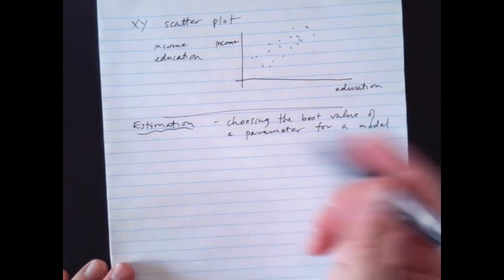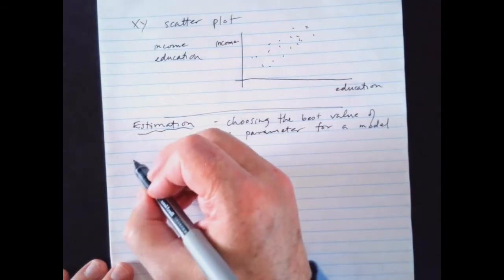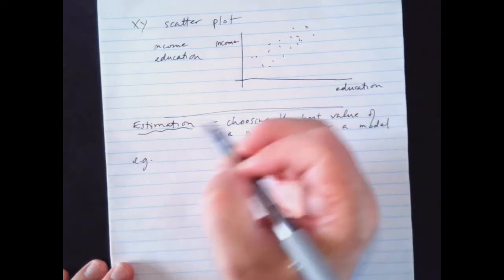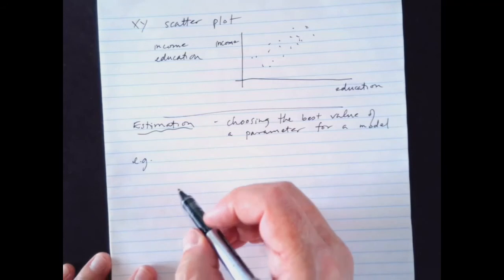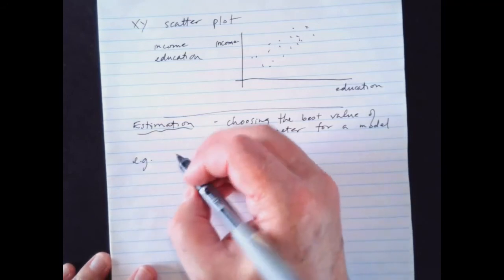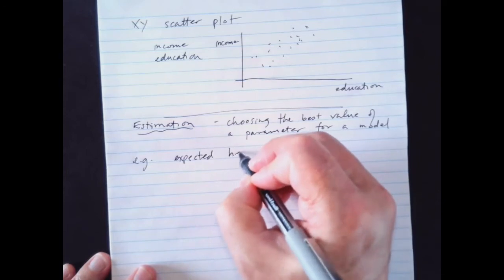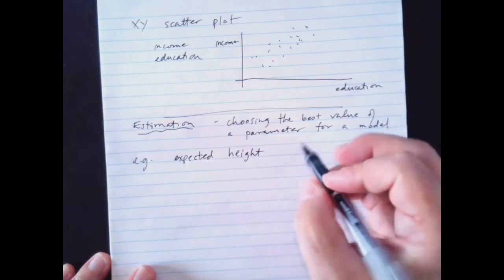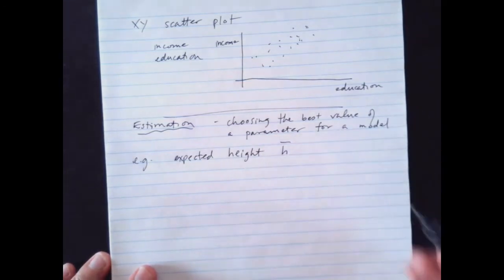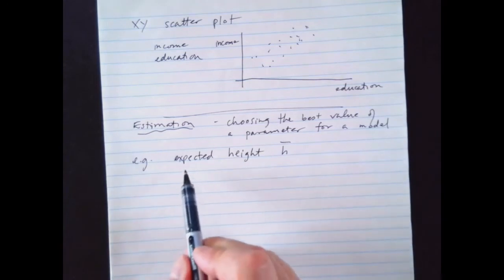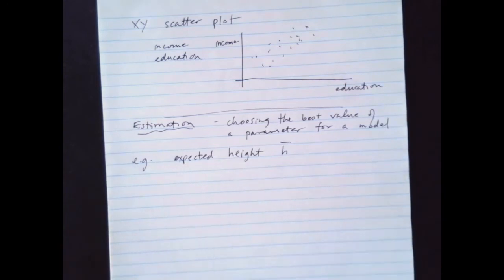So let's go back to the height example. So our example, EG, stands for example, is expected height. Call that H bar. When we say expected, that's essentially the mean.